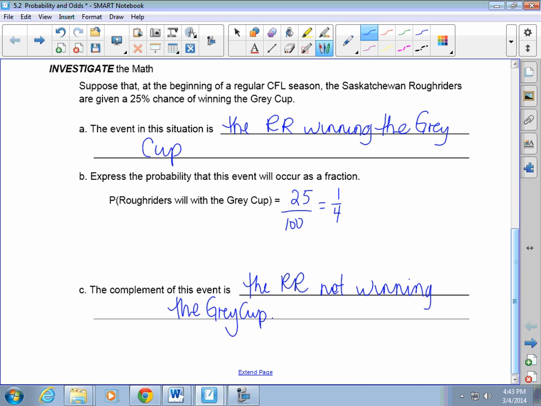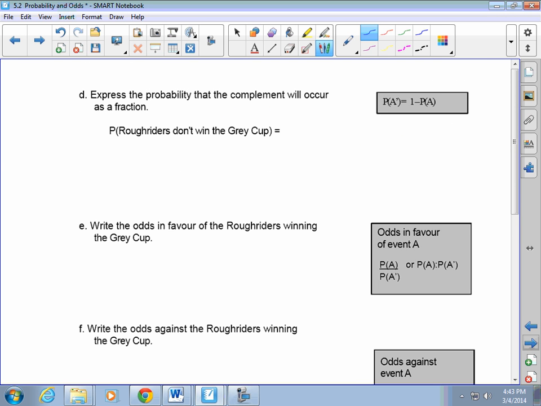Expressing it in probability, it would be the probability that the Roughriders don't win the Grey Cup. We want to express this as a fraction when we're done.